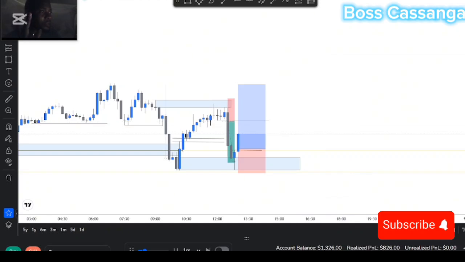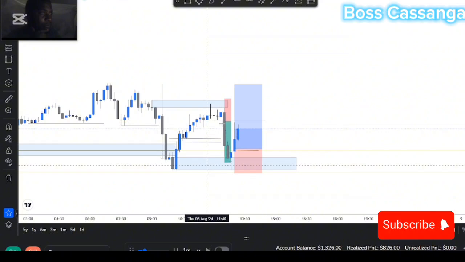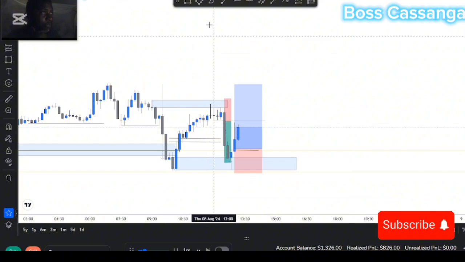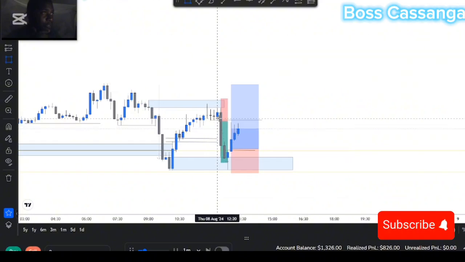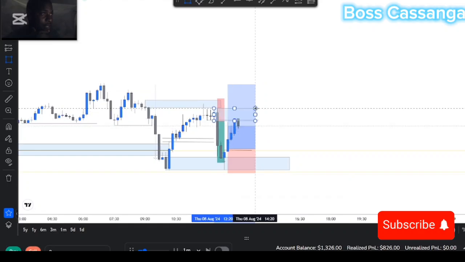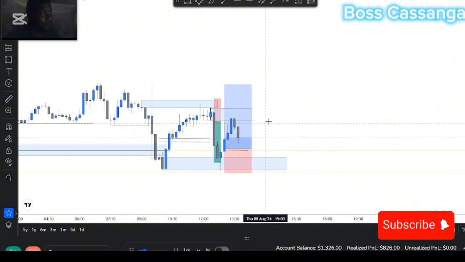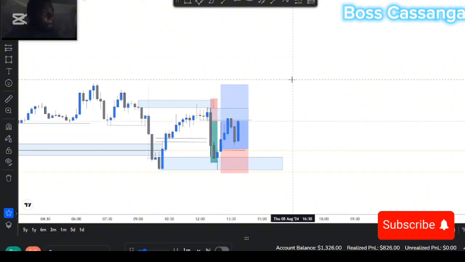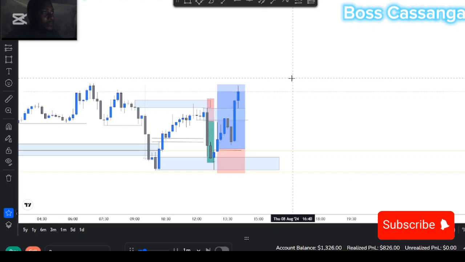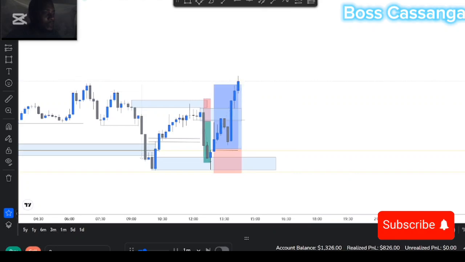We've taken this trade, but on this trade we also have a demand zone here. As you can see, this is a demand zone. This is a supply zone. Yeah, this is a supply zone. Okay, so this trade could also have been a win.